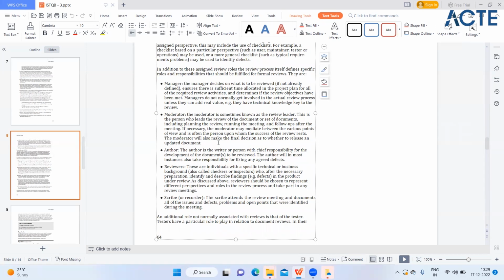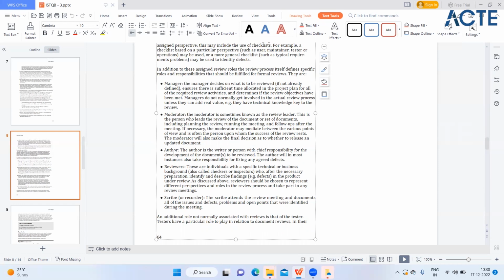The moderator will also make the final decision as to whether to release an updated document. So the manager reviews the higher level things, and after that the moderator is the main person, a kind of review leader who will give the final sign off for all the meetings from the start to the end.